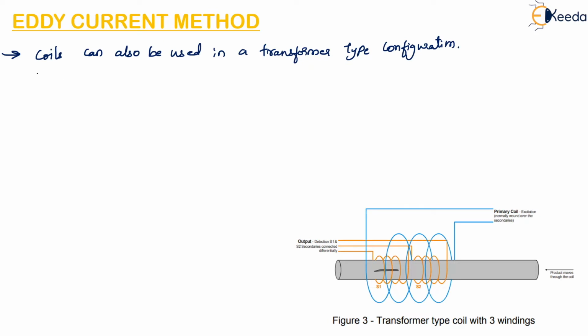So transformer configuration means it has one primary coil winding, and the other, which is the secondary winding, may have one or two coil windings.